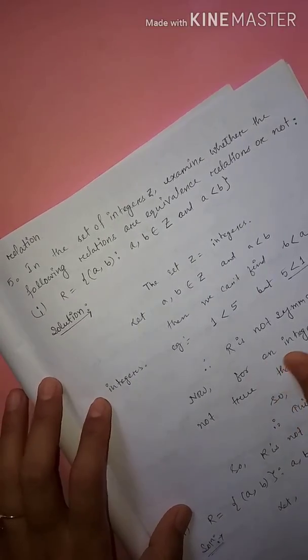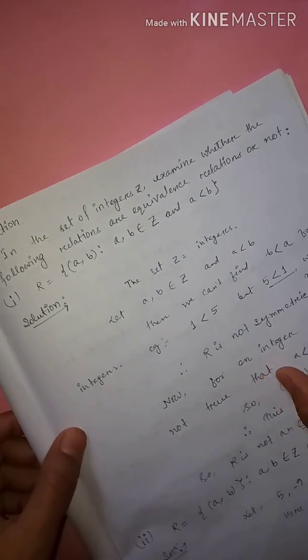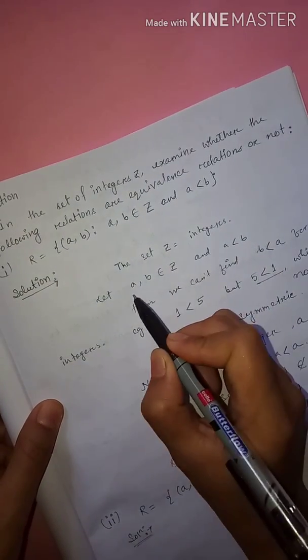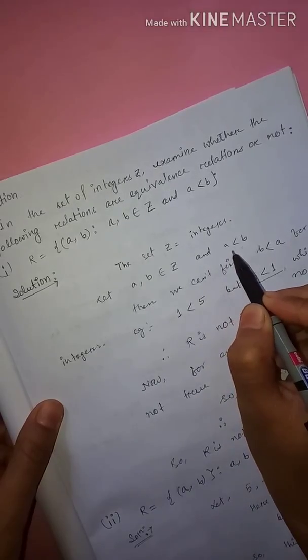First of all, we all know what is Z. Z is the set of integers. Let us take two elements a and b belonging to Z, and let us take a less than b.